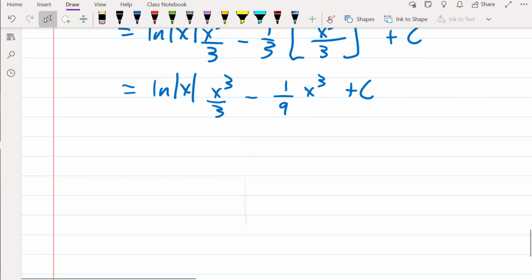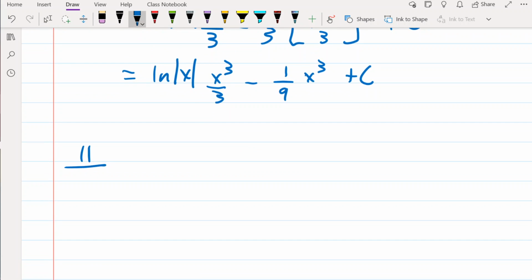Okay, let's go to number 11 in this section, which is the integral of arctangent of 4t dt.